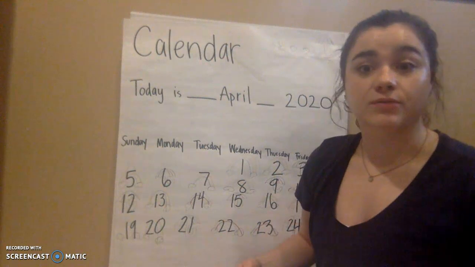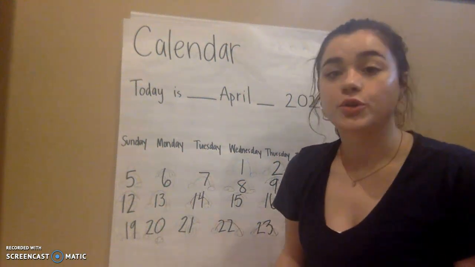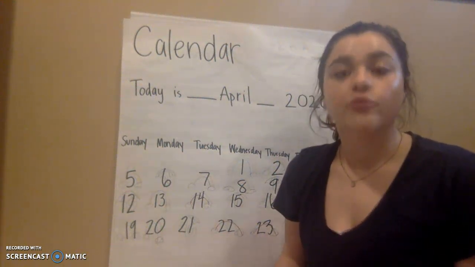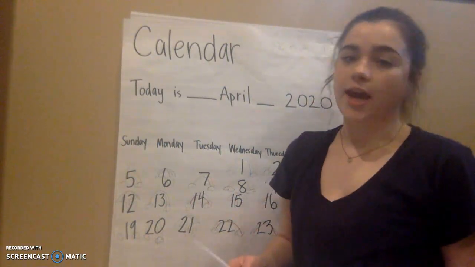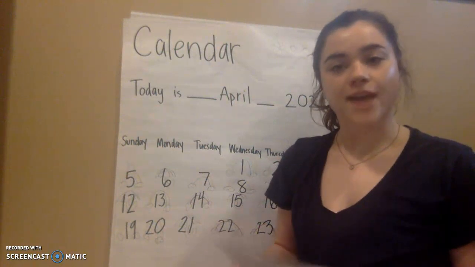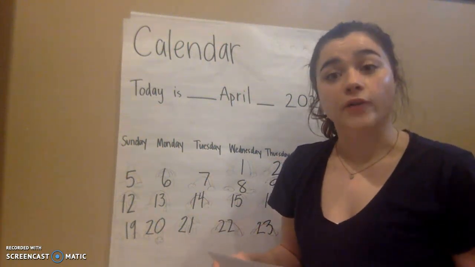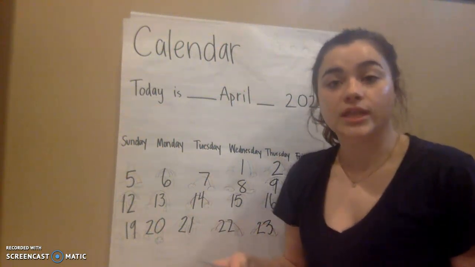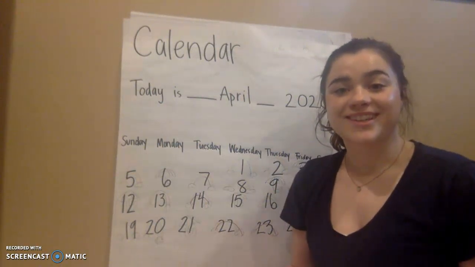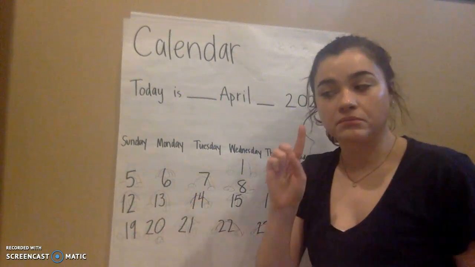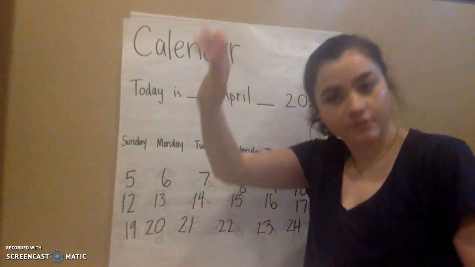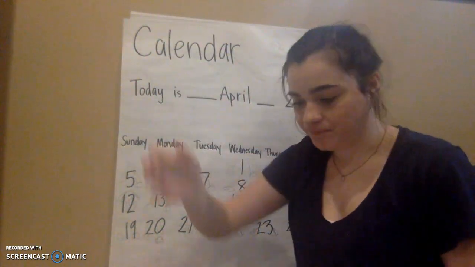Let's do a practice round. 1, 2, 3, 4, 5, 6, 7, 8, 9, 10, 11, 12, 13, 14, 15, 16, 17, 18, 19, 20. And then I do it again, and again, and again.